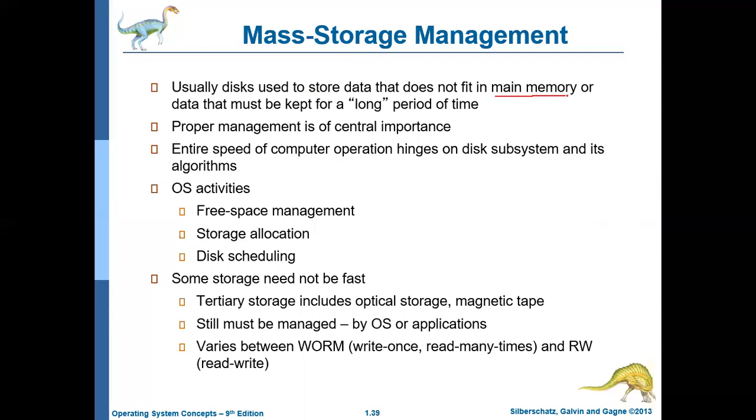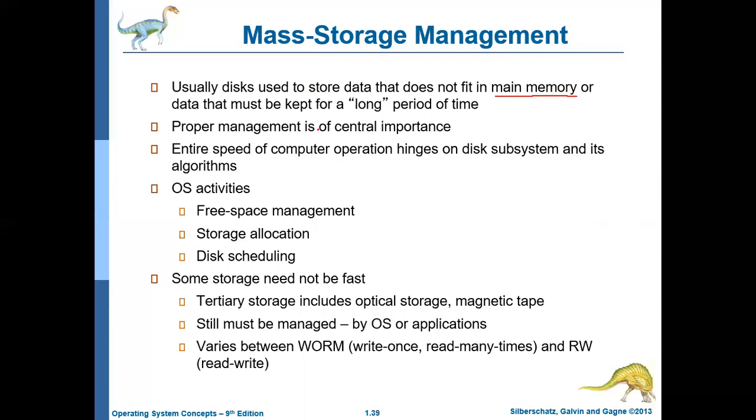That is, the content in the main memory will be available only as long as power is available. If the power is removed, the content in the main memory will be deleted. So to permanently store data, we need mass storage devices like disks and tapes.